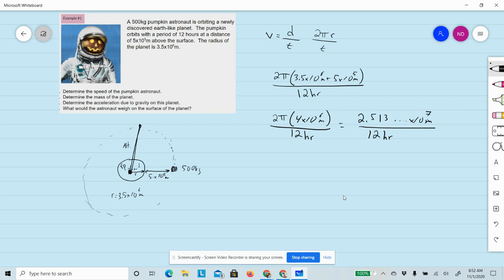Now, hours is not really the opportune thing. We always want to go to meters per second. So how many seconds are in 12 hours? Do a little bit of a unit conversion. In 1 hour, there are 60 minutes, and in 1 minute, there are 60 seconds.